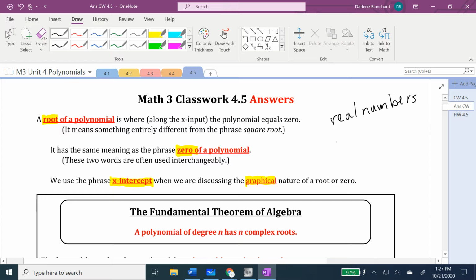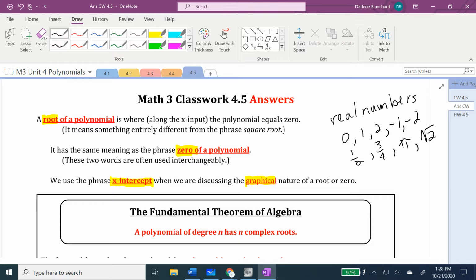Real numbers include 0, 1, 2, -1, -2, 1/2, 3/4, pi, the square root of 2, on and on and on. So we are almost all the time dealing with real numbers.